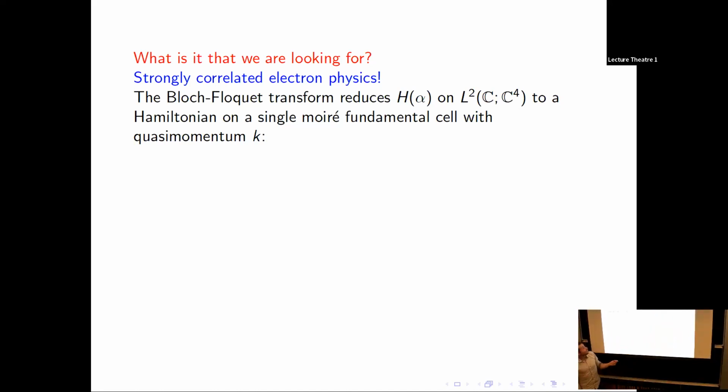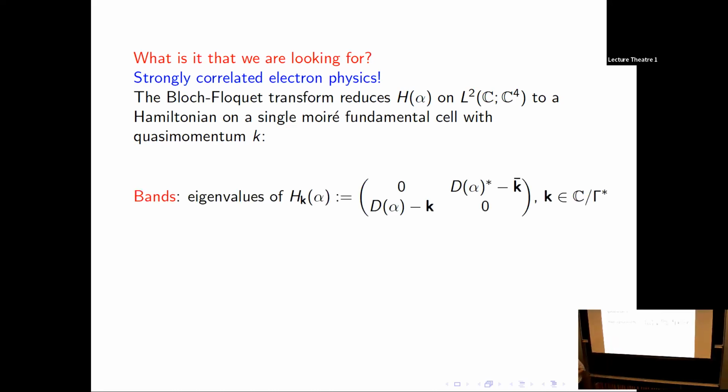I can pull it back to a Hamiltonian on one fundamental cell of my moire lattice, okay? But the price I have to pay is I get a new parameter, which is called the quasi-momentum. And if I want to understand the spectrum of this guy, I have to understand the spectrum of the one on the fundamental cell with periodic boundary conditions for all quasi-momenta k. Okay, so this is one transformation. It's essentially a Fourier transform that one has to do in order to study this.